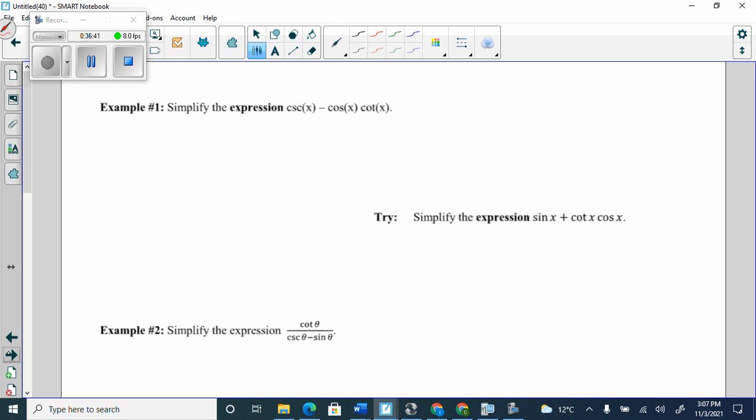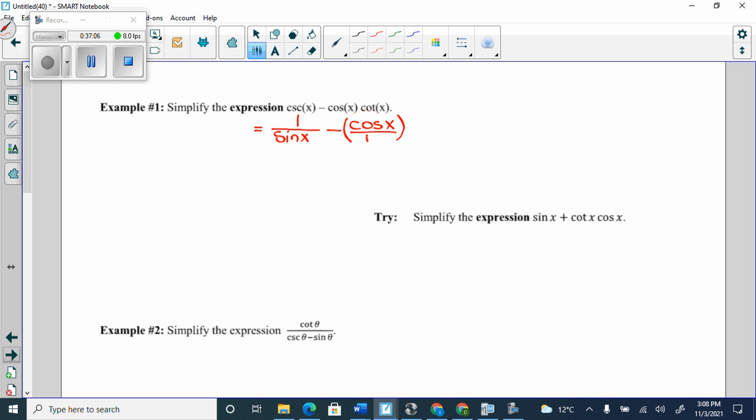So cosecant is what? 1 over sine x, off of our formula sheet. It's right there. So this equals 1 over sine x minus cos x, which I'm going to leave as cos x over 1. I try and change them as much as I can into cosines and sines.